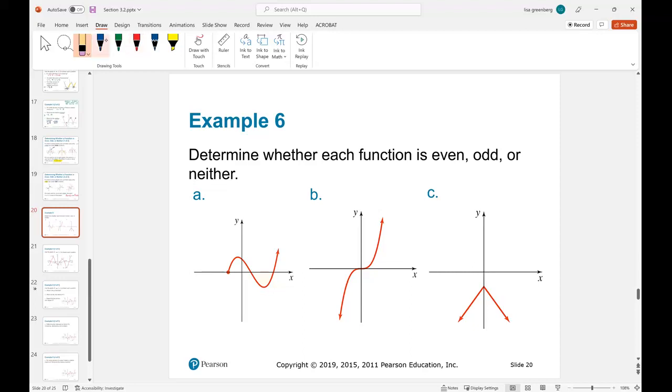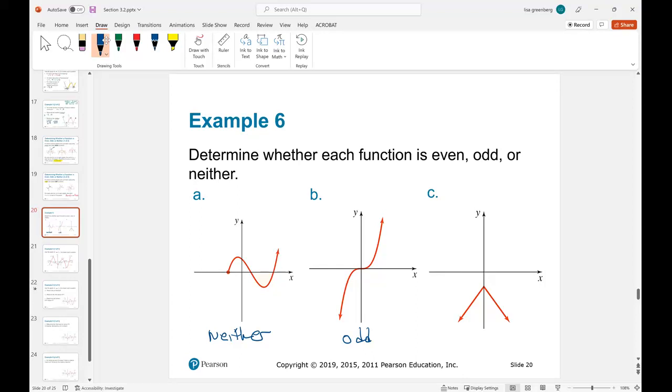If I were to turn it upside down, it would not look the same. We can see this is neither. B, well, if I turn that upside down, it will look exactly the same. This is an odd function. It is symmetric around the origin.